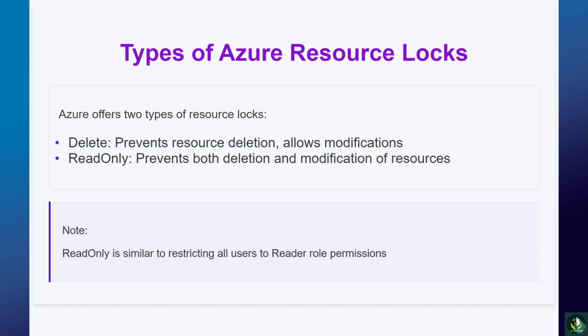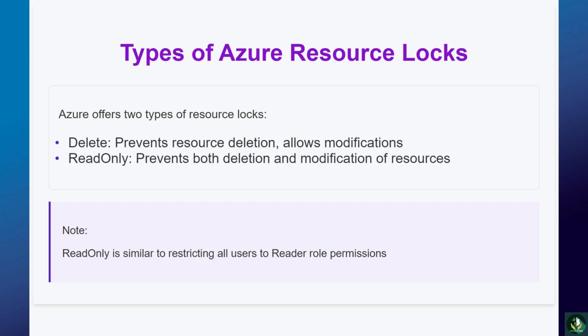Azure offers two distinct types of resource locks, each designed to provide a specific level of protection for your resources. Understanding these lock types is crucial for implementing an effective resource protection strategy in your Azure environment. The first type is the delete lock. As the name suggests, a delete lock prevents resources from being deleted.